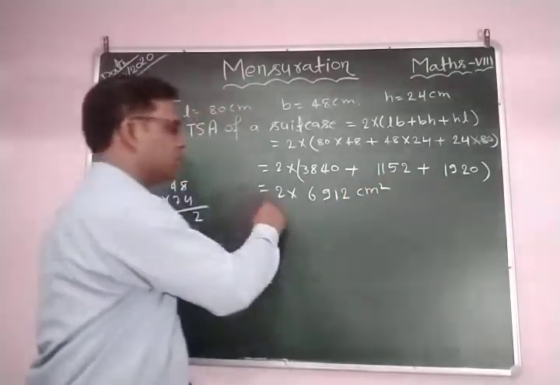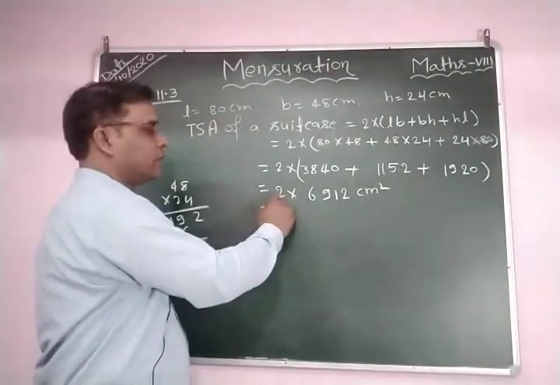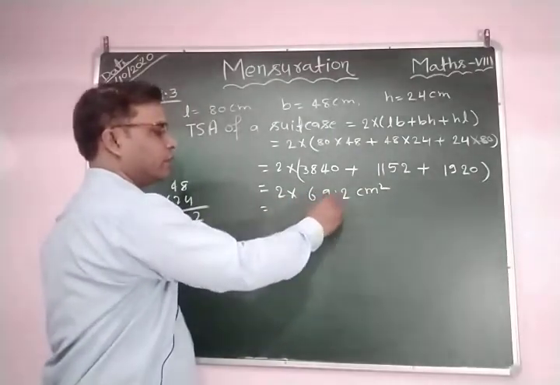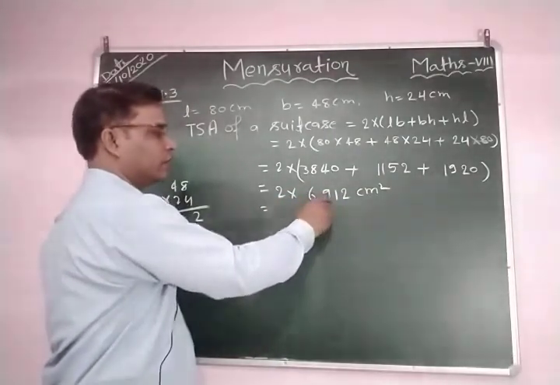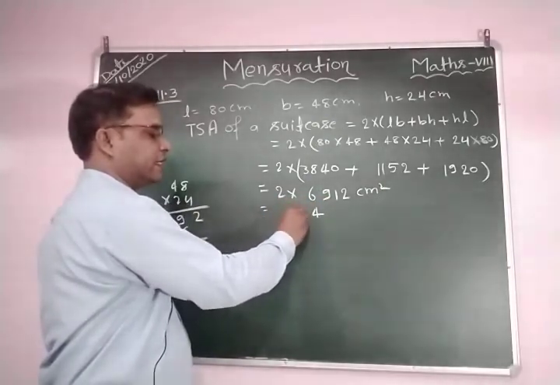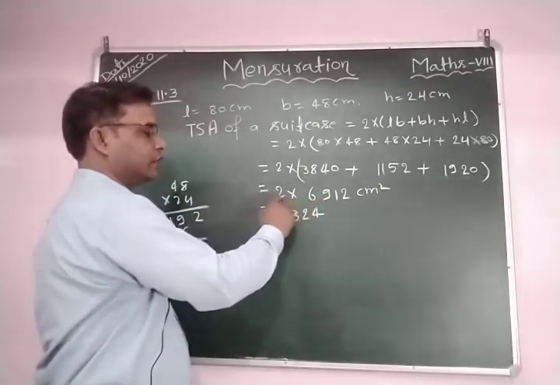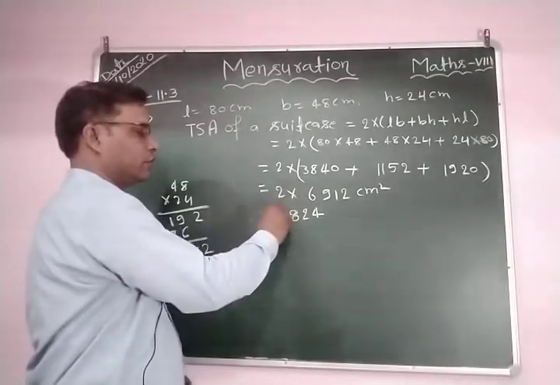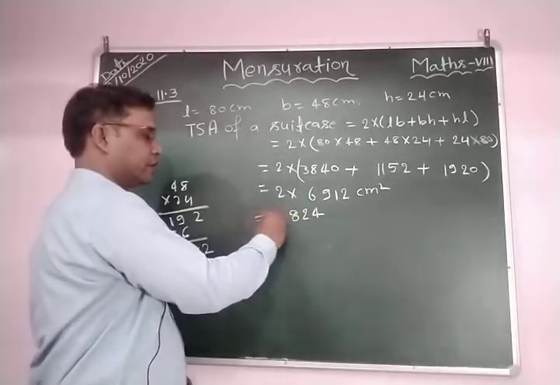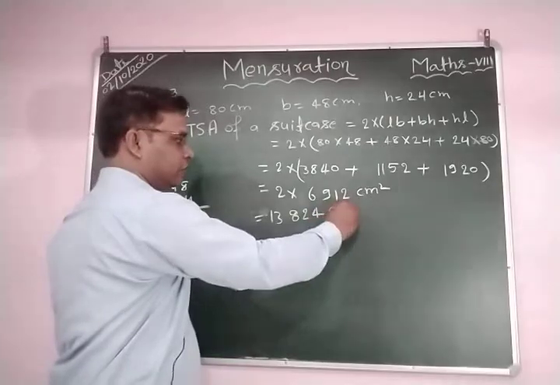So here this is equal to centimeter square. Okay. Now if you multiply this, then we obtain 2 into 4, 1 into 2 is 2, 2 into 9 is 18, carry 1, 6 into 2 is 12 and 13, centimeter square.